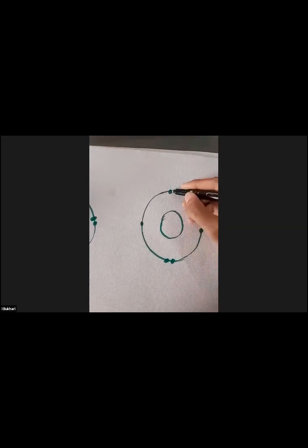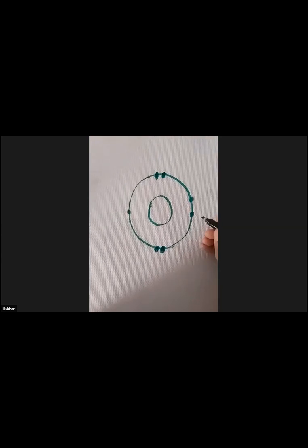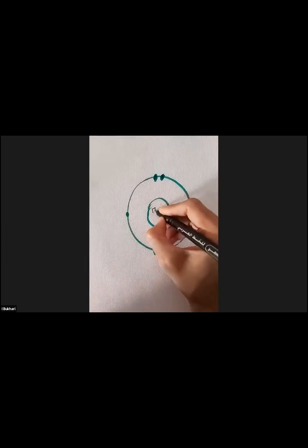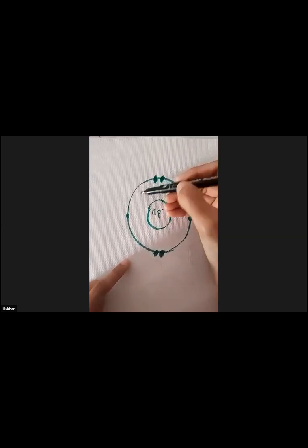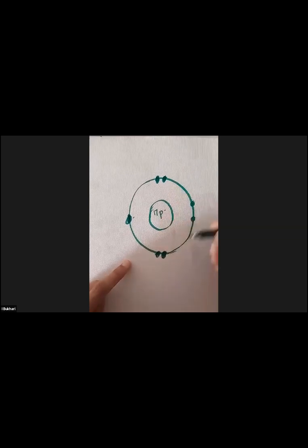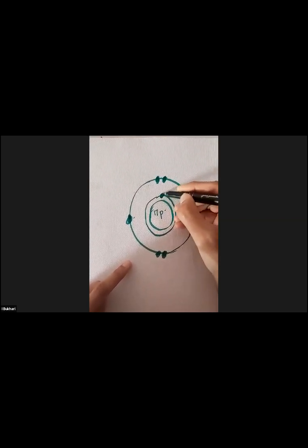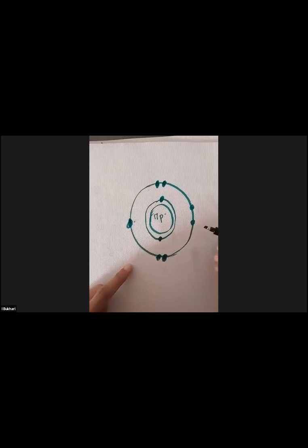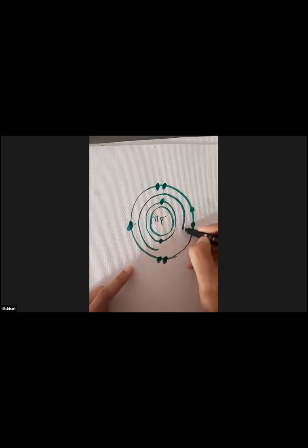Now, how many protons does chlorine have? 17 protons, okay? And it must have 17 electrons, right? I'm making the inner ones also so that you understand. These are the innermost 2 electrons, then the outermost.